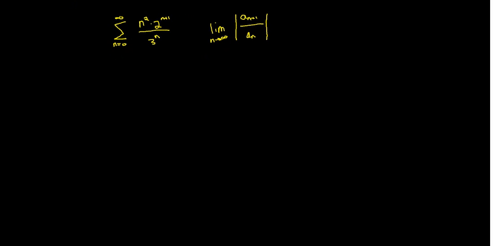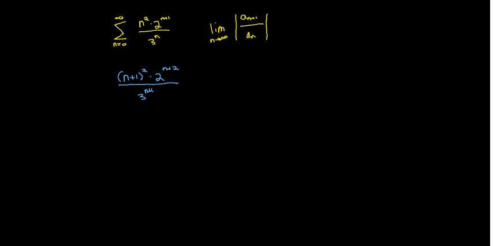So we're going to have n plus 1 squared times 2. It's already 2 to the n plus 1, so if we put in n plus 1, we'll have 2 to the n plus 2, over 3 to the n plus 1.